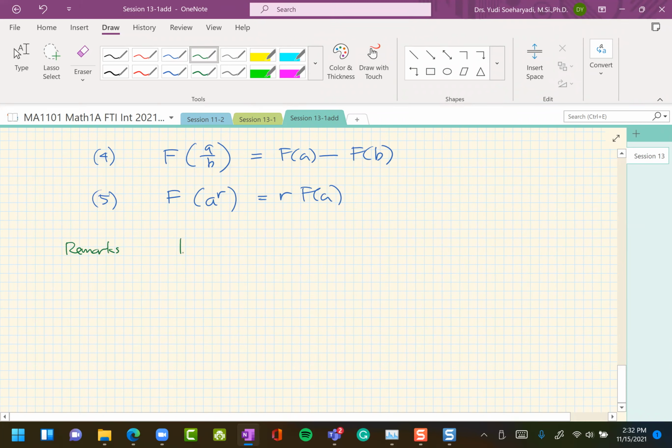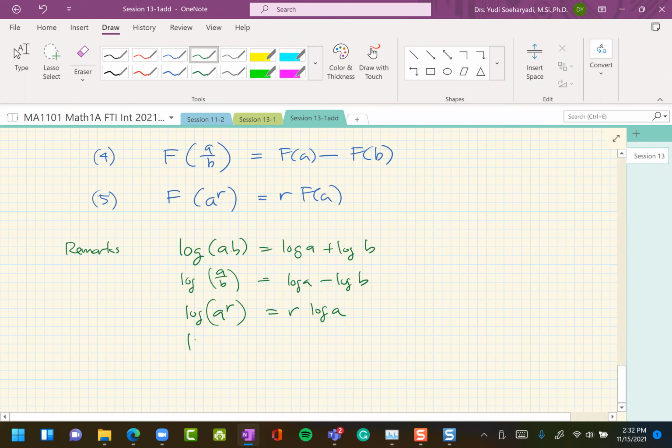Okay. Remember that log AB is log A plus log B, for example. Log of A over B is just log A minus log B, and then log of A to the power of R is this. You can factor the R out. Okay, so like this. And of course, you also have log 1 is 0.